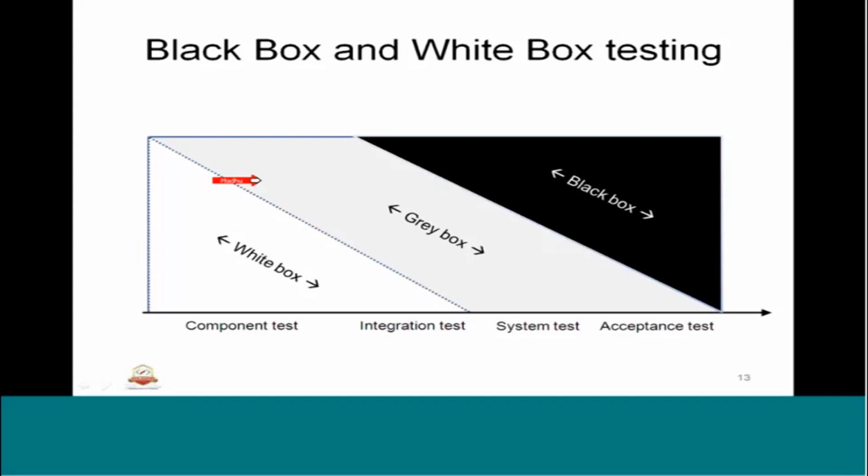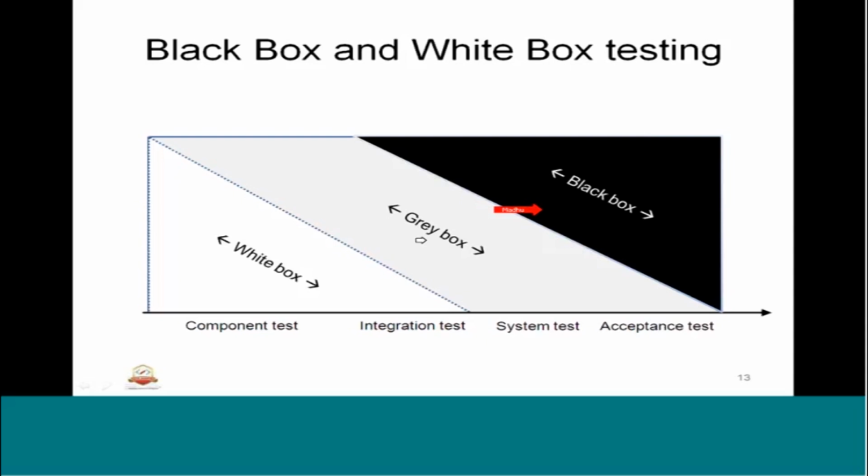Black box testing techniques are used throughout the development life cycle. That means we always focus on the black box level. The main advantage of black box testing is that it depends only on the requirements, whereas white box depends purely on the low level design and implementation. So both methods are of course important, white box as well as black box.